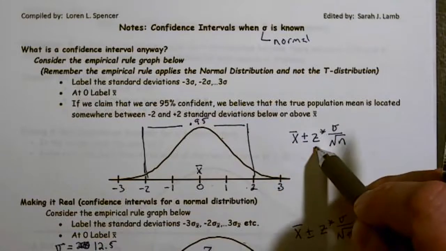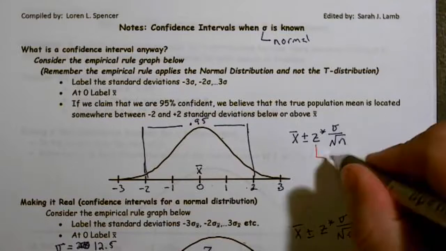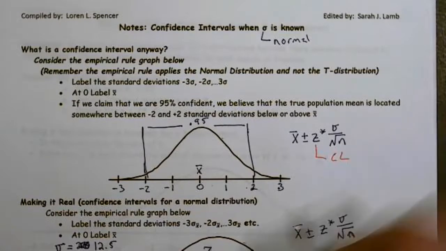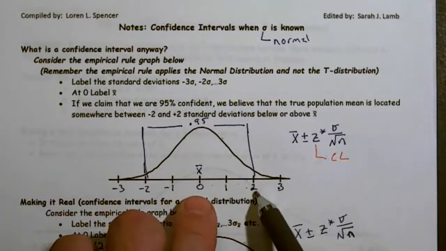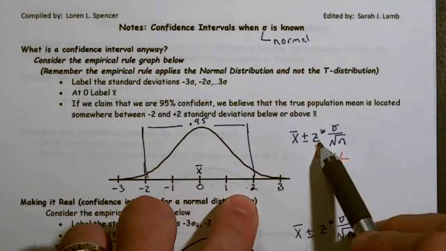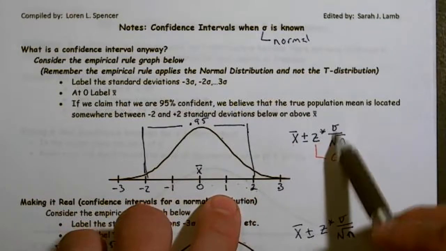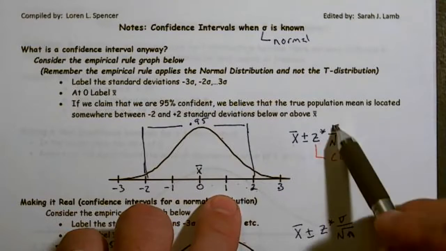And Z star is tied directly to our confidence level. In this case, we wanted 95%, so our Z star would be 2, and our X bar would be 0. We didn't have these two values, so we can't worry about that here.